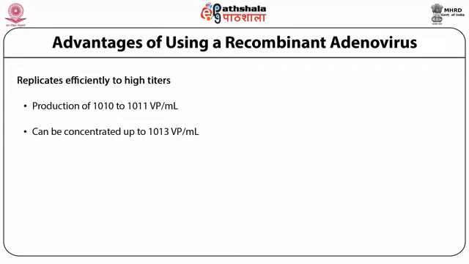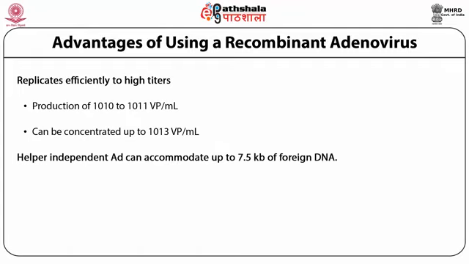So a very high titer is there, which we cannot produce with other types of viruses. For example, bluetongue virus is very low, 10 raised to 5 or 6 at the most. So the advantage of this vector is that it can grow very efficiently in the cell line.